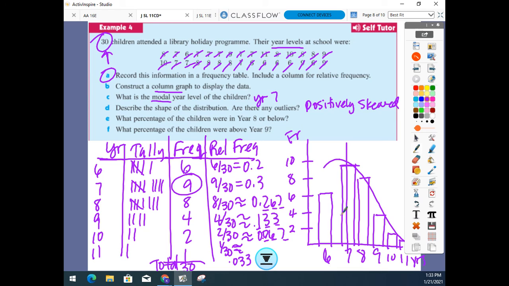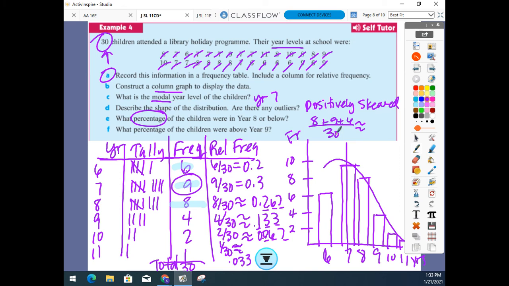What percent were in year 8 or below? In year 8 or below. So we're just going to add up 8 plus 9 plus 6 divided by our total of 30. This is approximate. Now we have to pay attention to this. What percent?